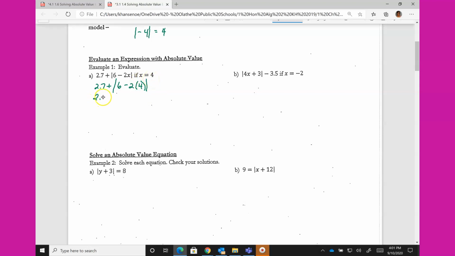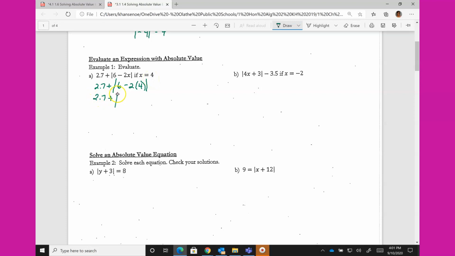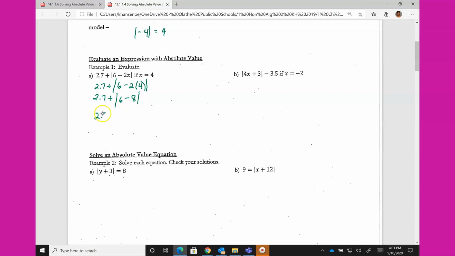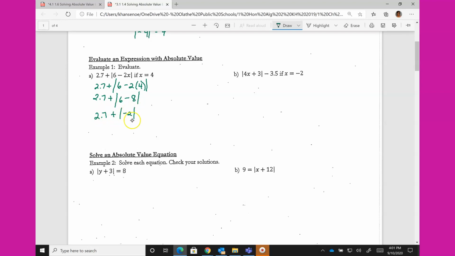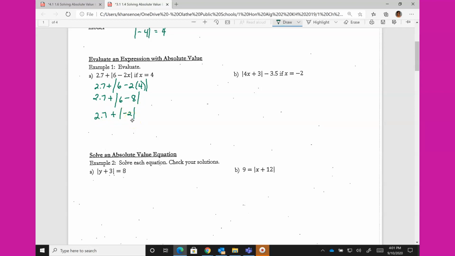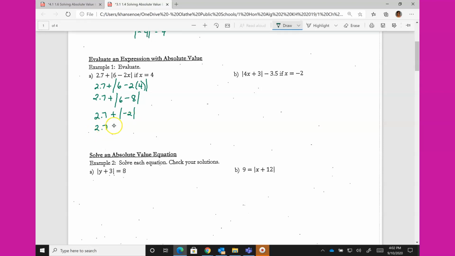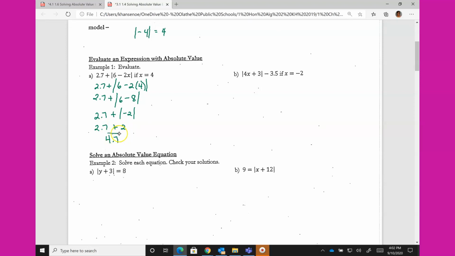So now I get 2.7 plus absolute value of 6 minus 8, and now I get 2.7 plus absolute value of negative 2. Absolute value of negative 2 is just 2. So now my answer is 4.7. When you're evaluating, you will just have an answer.